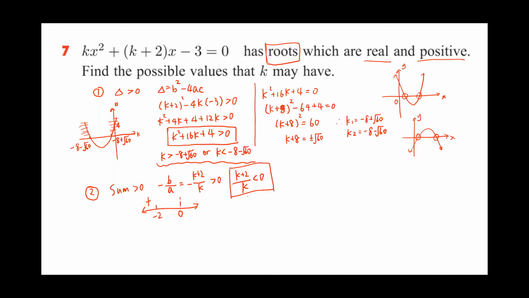That's negative, Mia. Okay. And how about above 0? It's definitely positive. So if I want this to be valid, my k has to be above -2 and below 0. That's my number 2. Do you agree with that?